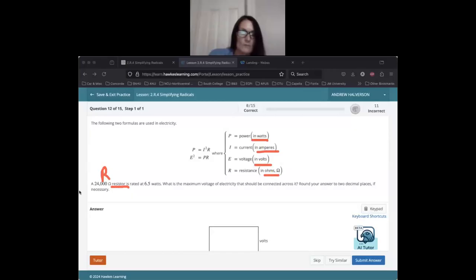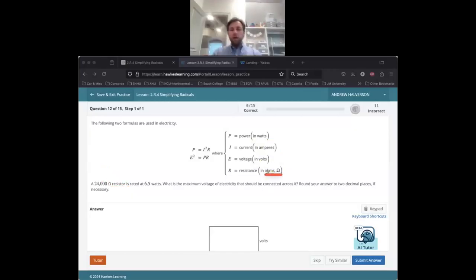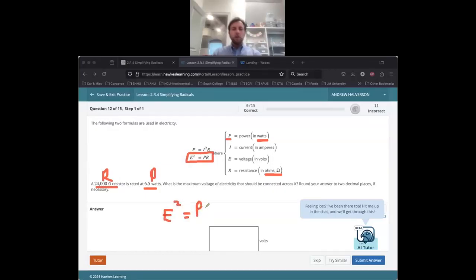So if you see ohms, with that little omega symbol, that's the value of R. 6.5 watts, watts is up here, that's the P variable, the value of P. So then you've got the value of P and R, so this is the formula you're going to use: E squared equals PR. Plug in your values of P and R: R is 24,000 times 6.5.